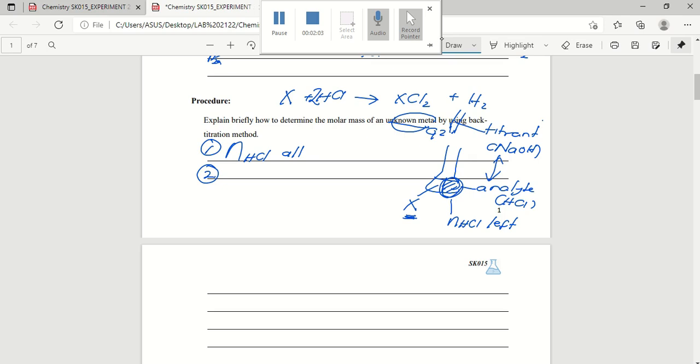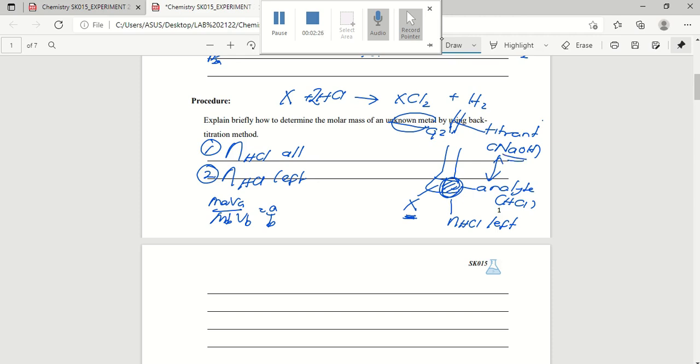Okay, we can calculate it by using MAVA over MBVB equal to a over b, since the hydrochloric acid that is left after the reaction with metal is reacted with NaOH.